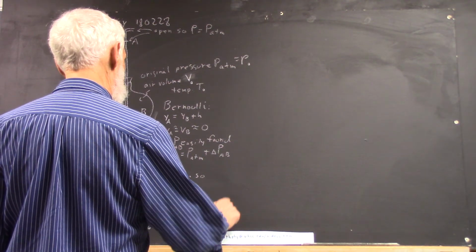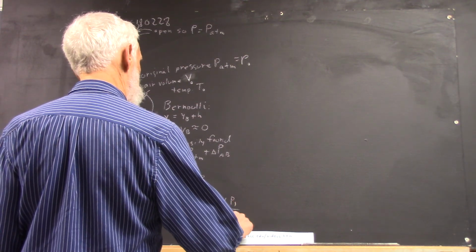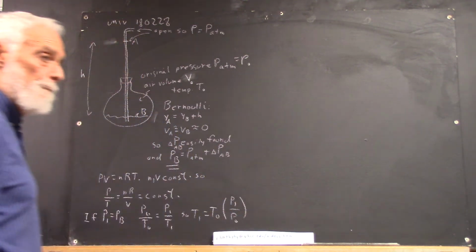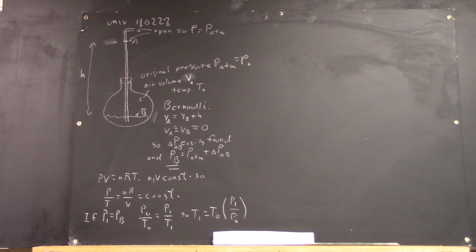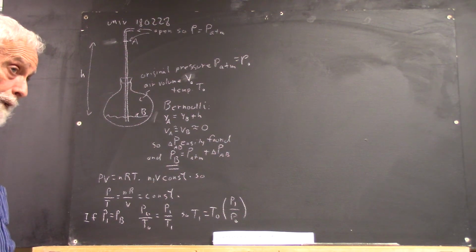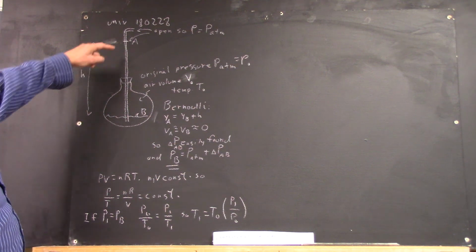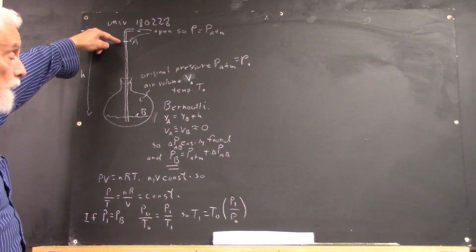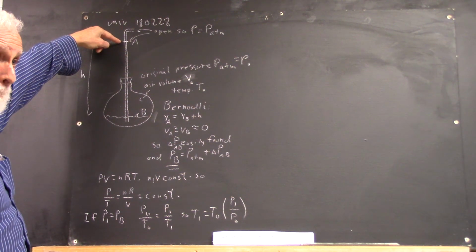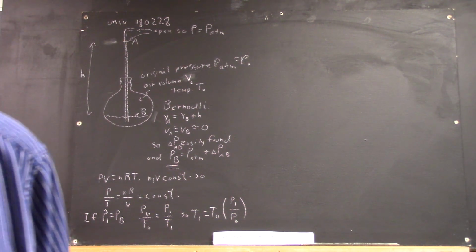So T1 is T naught times P1 over P naught. Okay? So we can figure out at what temperature we'll have water at this point. Make sense? Okay, that's a good start.